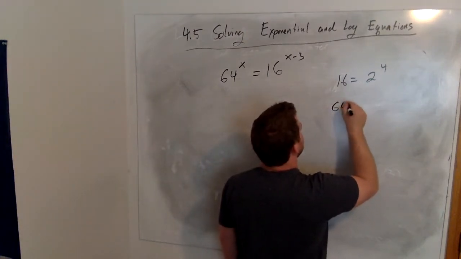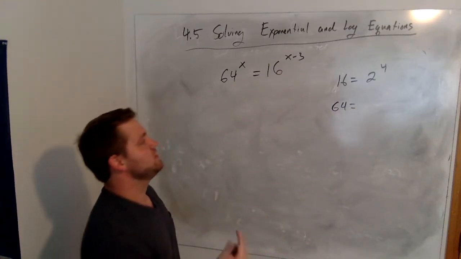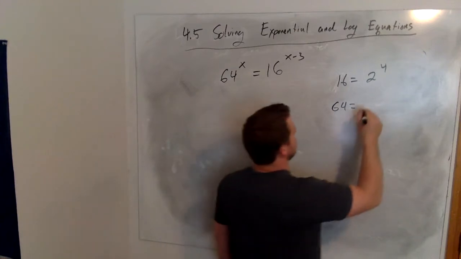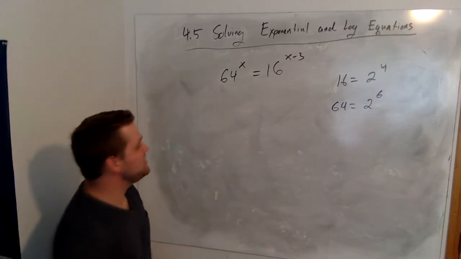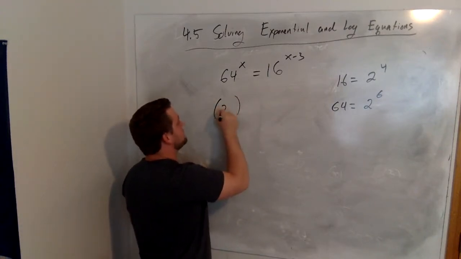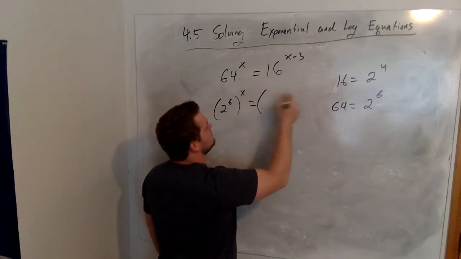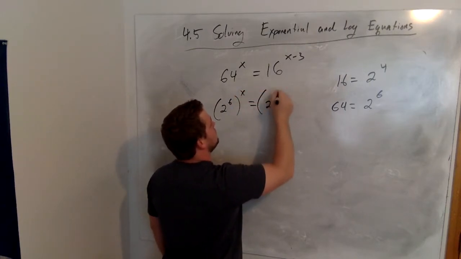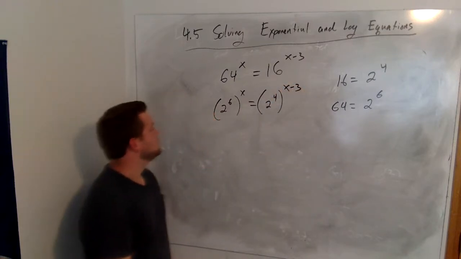And 64, let's see, so 16 times 2 is 32, times an extra 2 will be 64. So this will be 2 to the 6. So in this specific equation, we don't need to use logarithms. Here, we can write 64 as 2 to the 6th to the power of x, and 16 we could write as 2 to the 4th to the x minus 3.